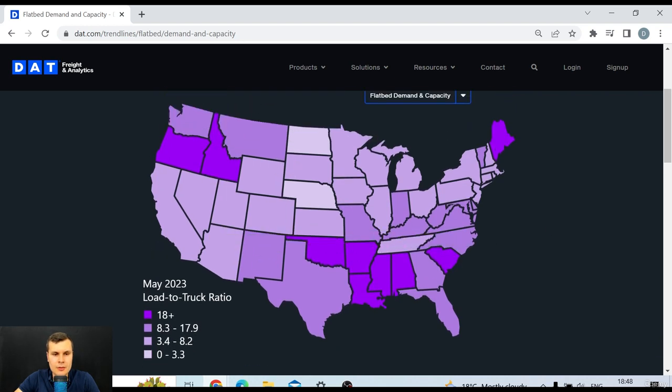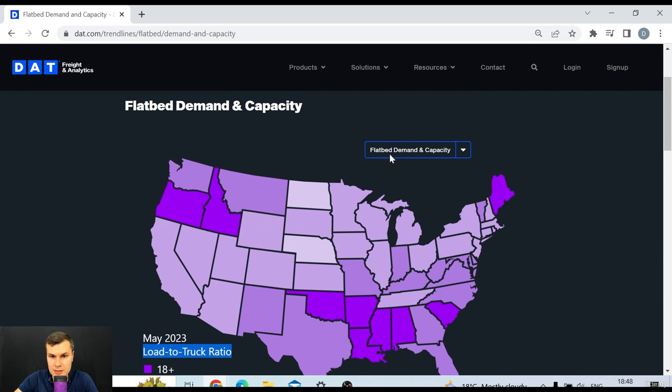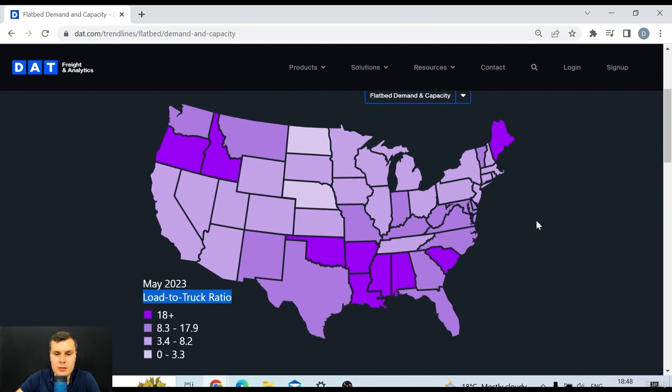So this is again load to truck ratio. Load to truck ratio is a very important indicator. It explains how much demand there is for transportation, and it explains how the pricing for transportation is formed. So on this map, we have all our states, and the darker the color gets, the higher load to truck ratio there is, meaning higher demand for transportation with this specific type of equipment, flatbed.